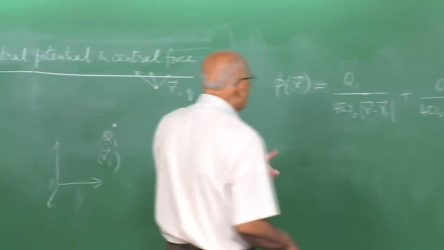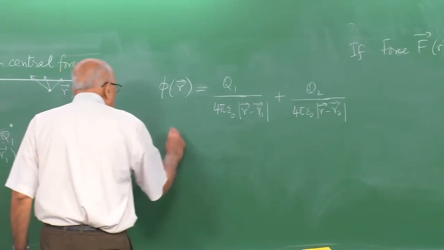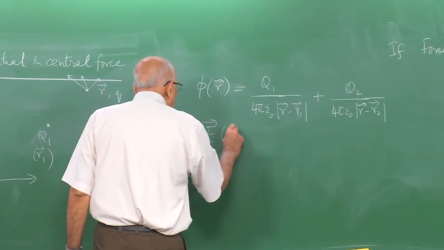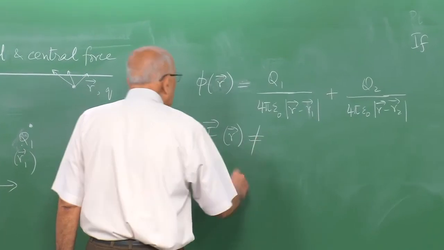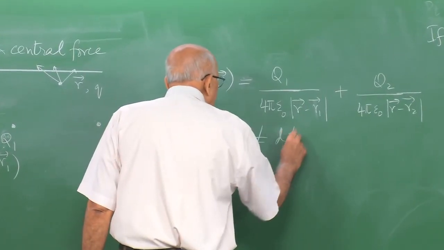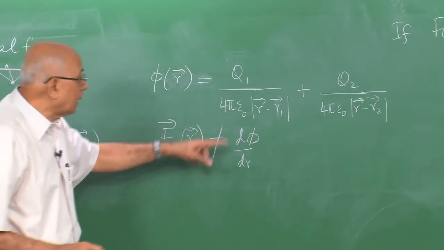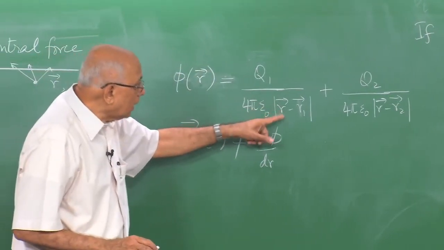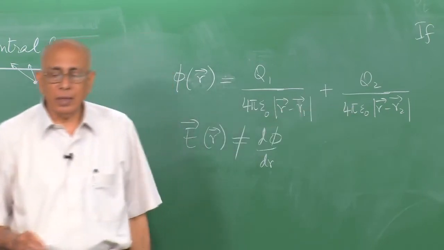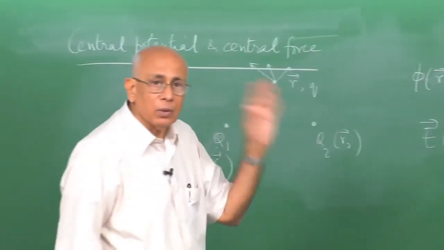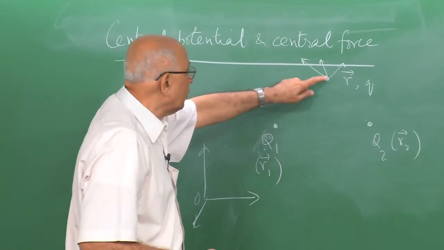In this case, it is not possible for me to write down the electric field at the point r. This is not equal to d phi over dr alone. Not true, because there's also dependence on theta and phi, on the polar coordinates of all the points concerned, including the point where this field is being measured.